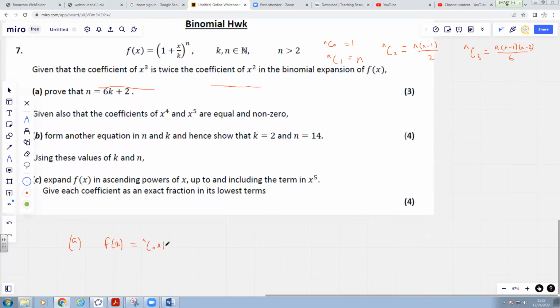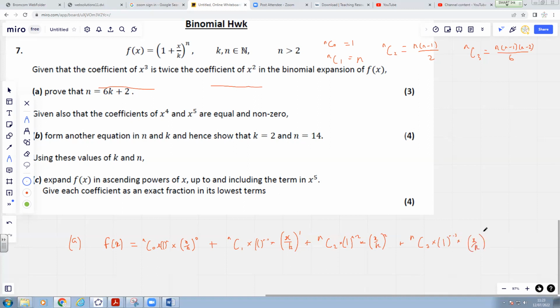n choose 0 times 1 to the power of n times x over k to the power of 0. That's going to end up equaling 1 though. Then n choose 1 times 1 to the n minus 1, that's just 1, times x over k to the power of 1, plus n choose 2 times 1 to the power of n minus 2, times x over k squared, plus n choose 3 times 1 to the n minus 3, times x over k cubed.